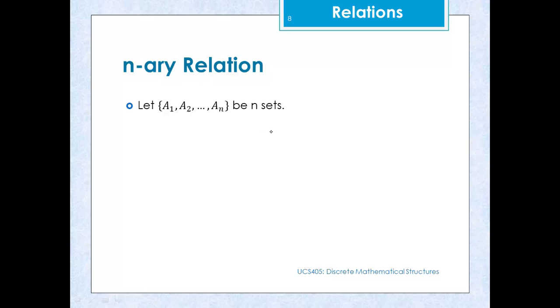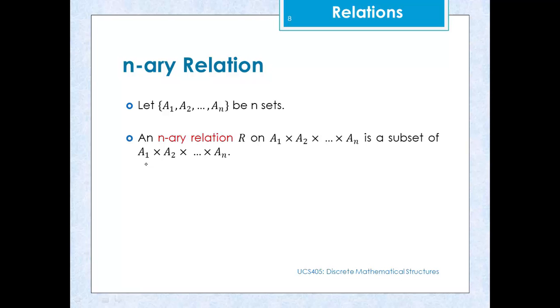Then a relation R on these sets is a subset of A1 cross A2 cross up to An. Now, if all these sets are the same, that means if Ai equals A for all i, then R is called an n-ary relation on set A itself.